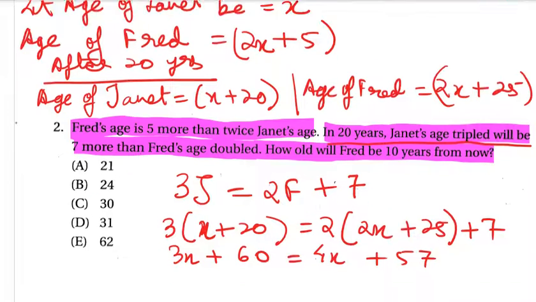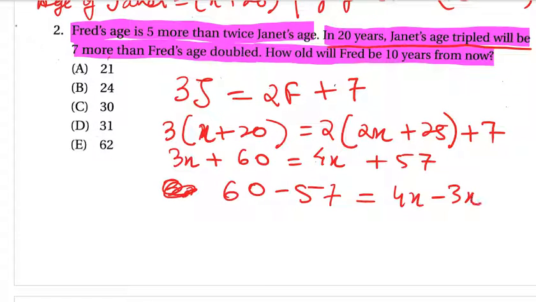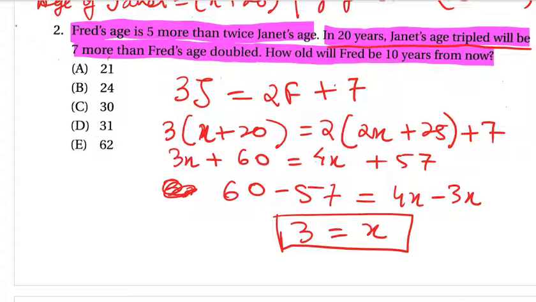Alright. Now if I go a little down, I get much more space. So that is 3x, alright, this is 60 minus 57, 4x minus 3x. So 3 is equal to x. Did we get the answer? No. We have to find Fred's age 10 years from now.